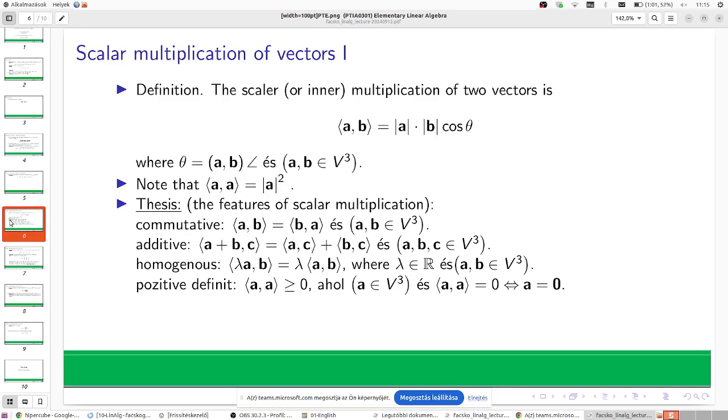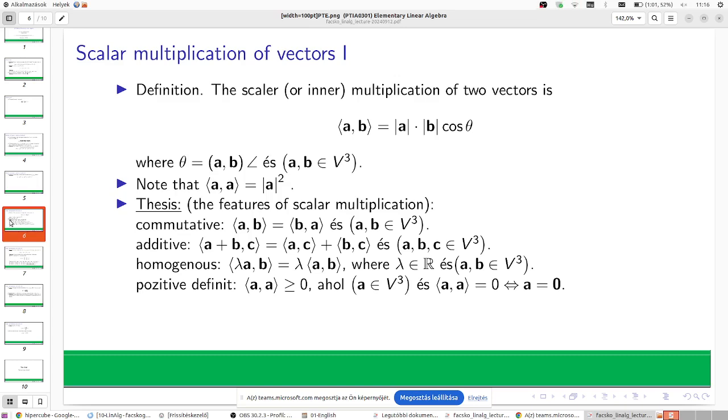I have an A vector, I have the B vector, and I never use the cross symbol. I hate this. So I use a dot. This is a dot. If I don't write it, then it's a scalar. And this is, by definition, the length of this vector, times the length of the other vector, and the cosine of theta.